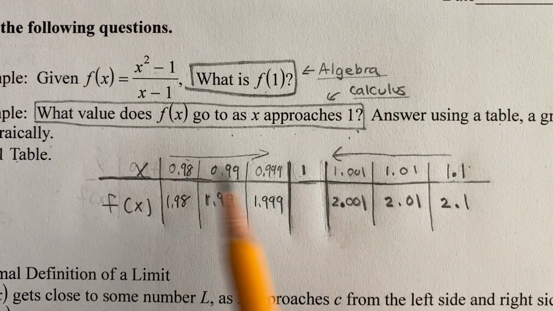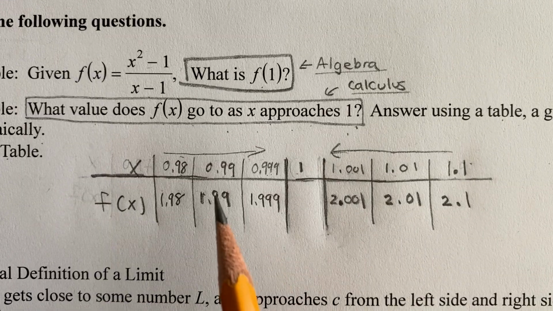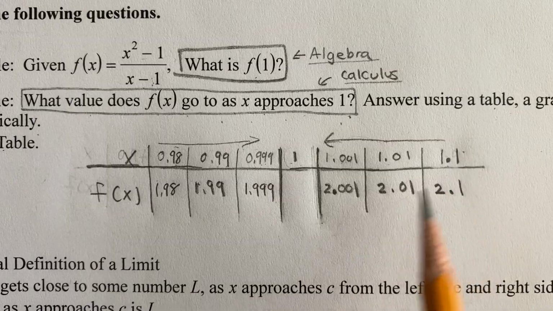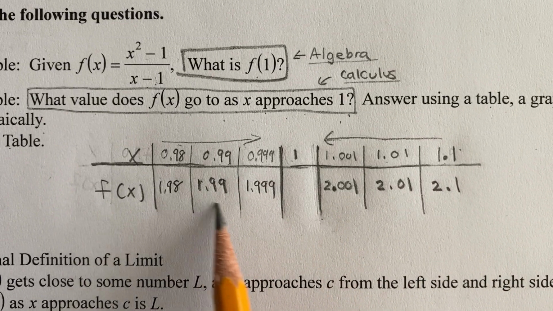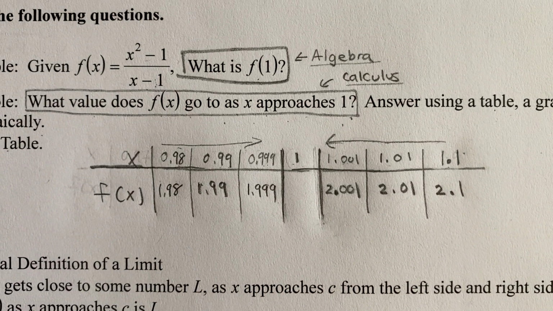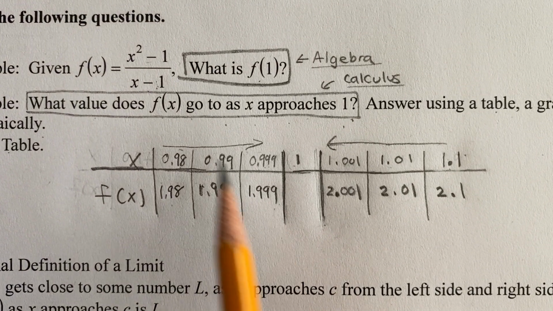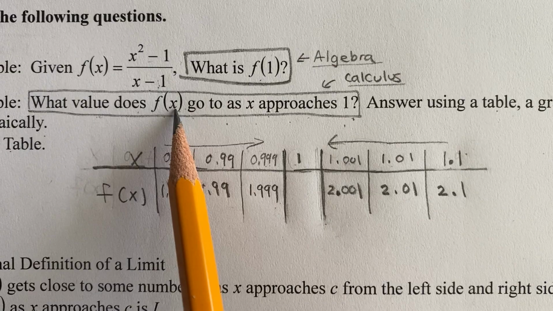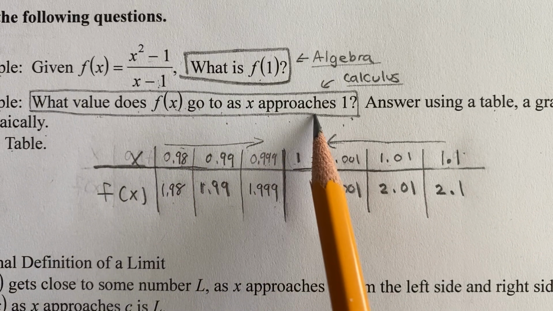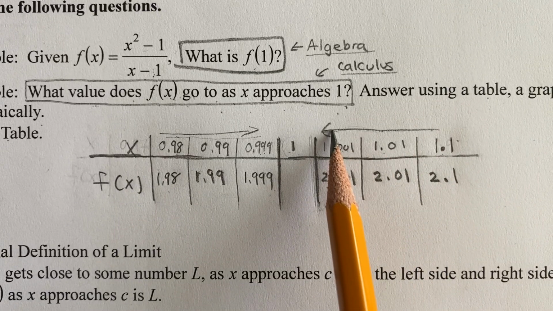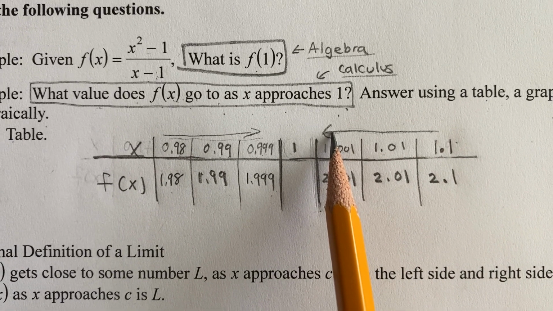If you have a calculator next to you, you can plug these x values into this function and figure out what the corresponding y values are. And if you take a look at my y values, what value does f of x go to as x approaches 1? X is approaching 1 from the left, and x is approaching 1 from the right, getting closer to 1.